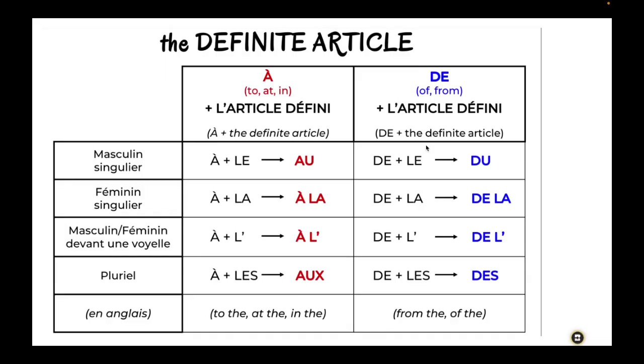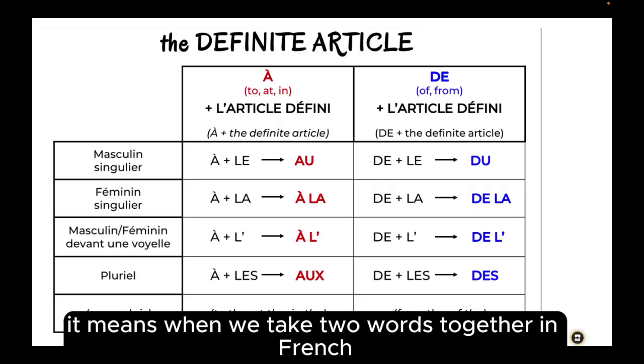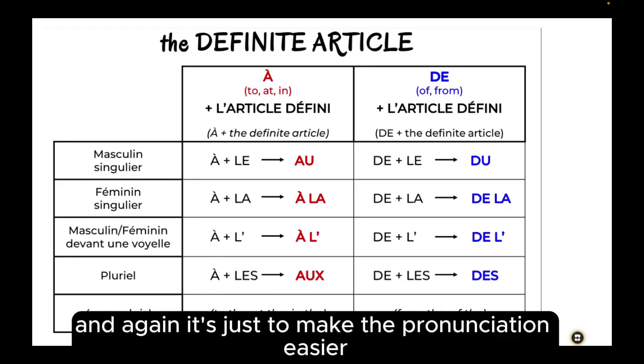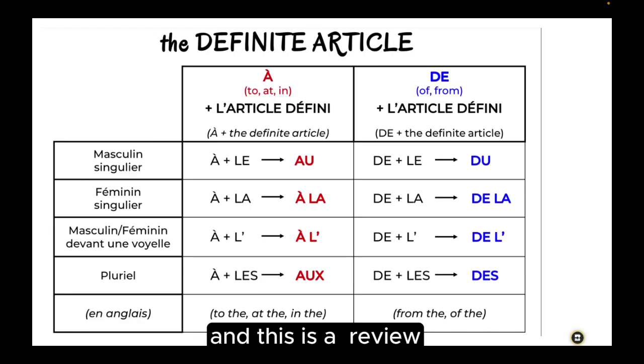And here you go. And this is again review. We talked about it a lot last year. When it comes to contractions, it means when we take two words together in French and we combine them to have one word. Again, it's just to make the pronunciation easier. We talked about it a lot, as I said, last year, and this is a quick review.